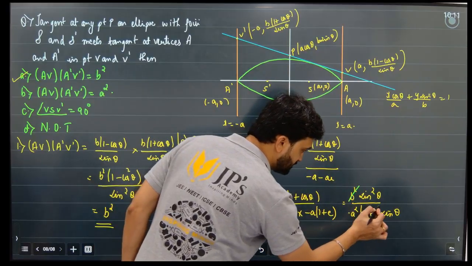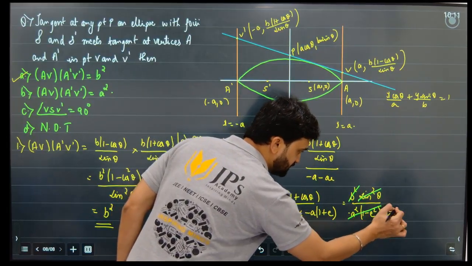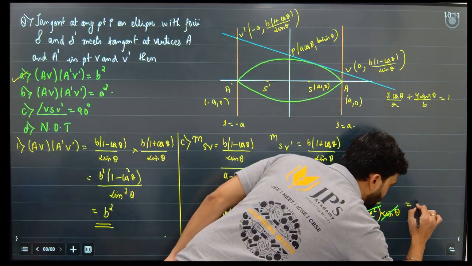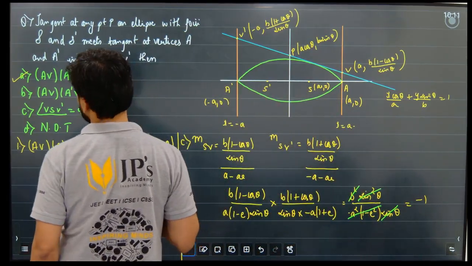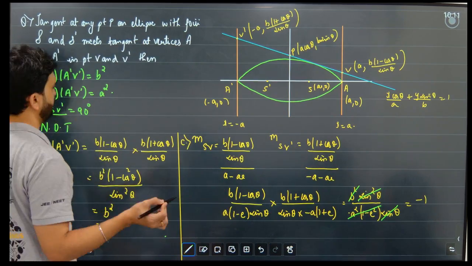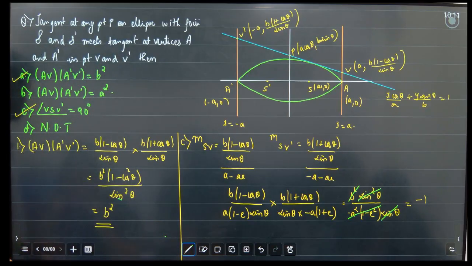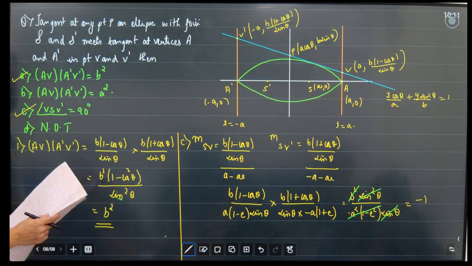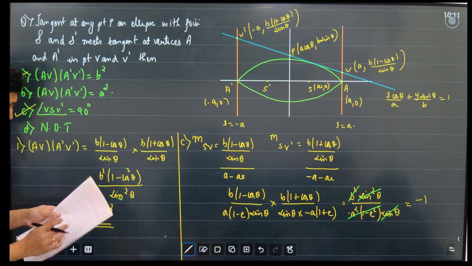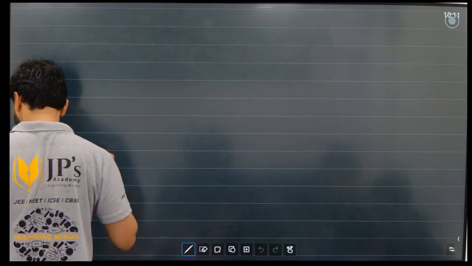So this entire thing gets cancelled, and my answer is minus 1. Therefore option C is also correct, that angle VSV' is equal to 90 degrees. Therefore option A and option C are correct. Okay, next.